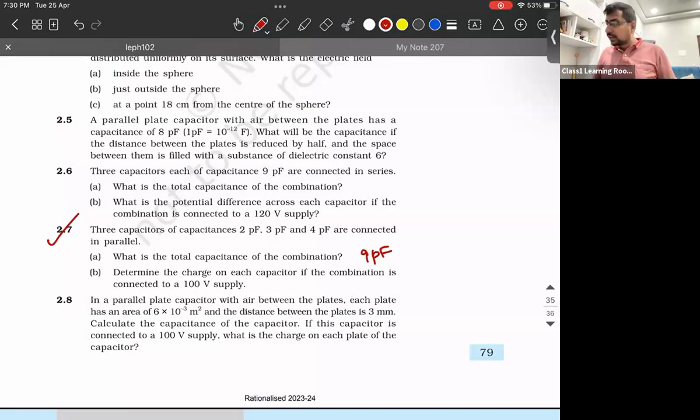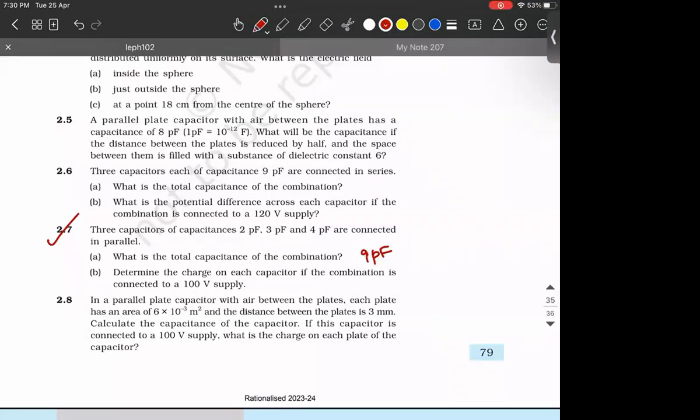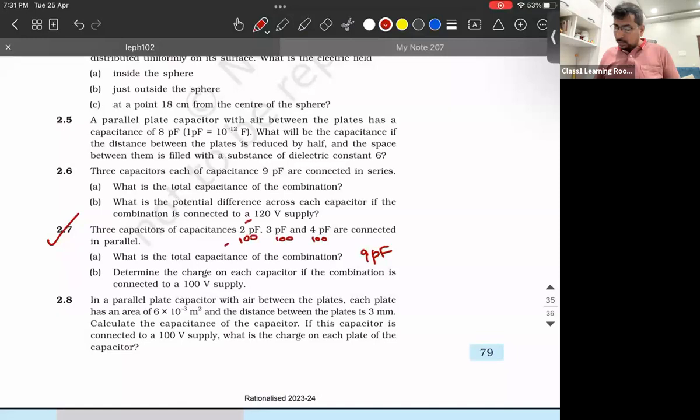So since everything is connected in parallel, what will be common across each? What is common in a parallel combination? Potential difference. So here you know the potential, here you know the potential, here you know the potential.